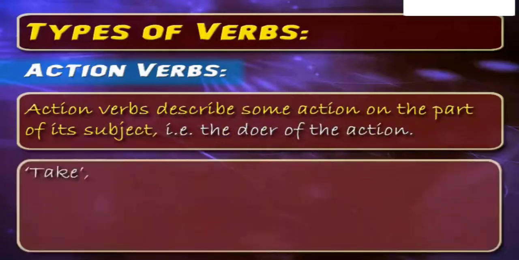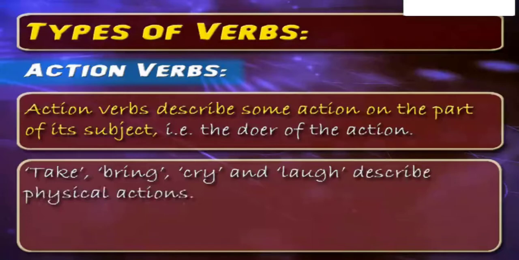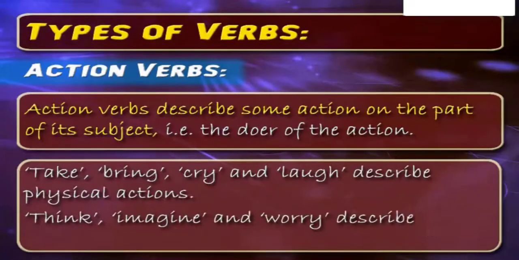Words such as take, bring, cry, laugh are action verbs, as they describe physical actions, while words such as think, imagine and worry are also action verbs, as they describe mental actions.